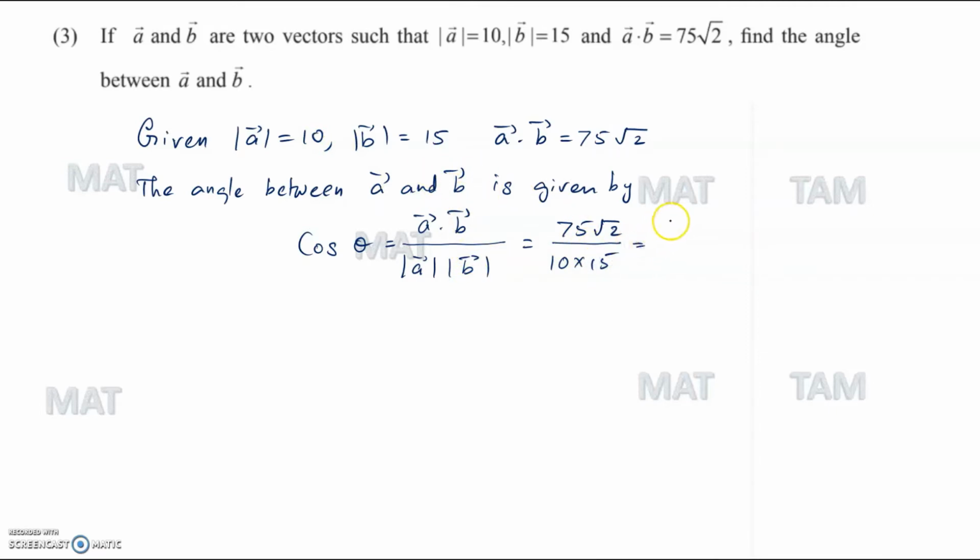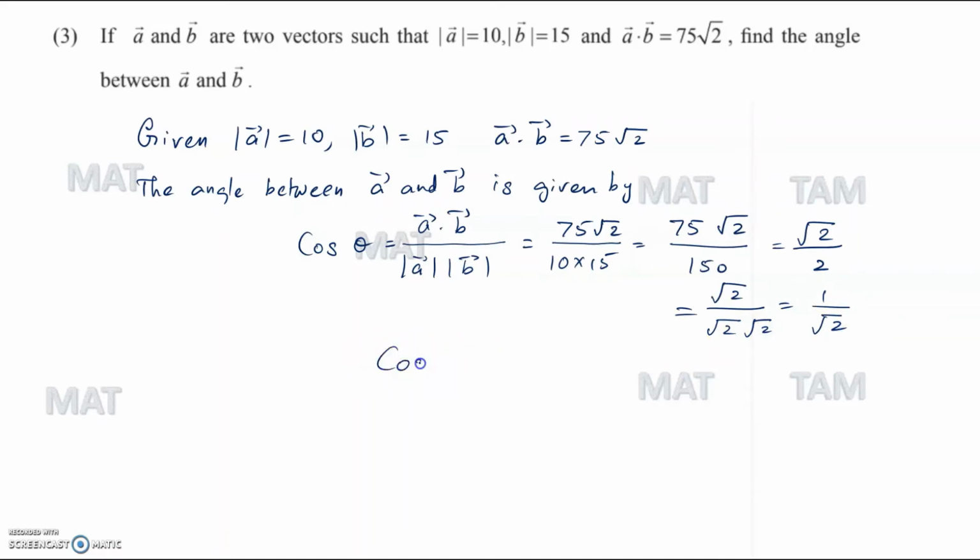So further solving this, you will get 75 square root of 2 divided by 150. So 150 can go in 2 times, so it is square root of 2 by 2. Further, we can write this as square root of 2 divided by root 2 into root 2, which is nothing but 1 by root 2.